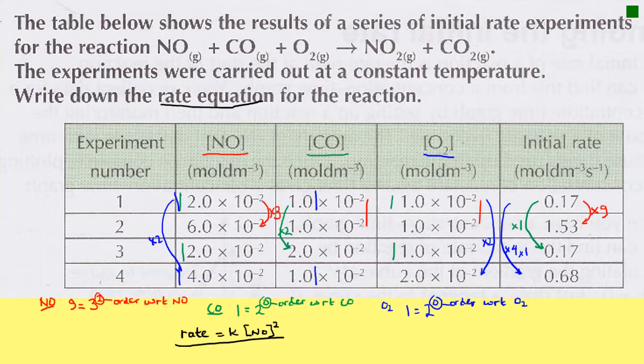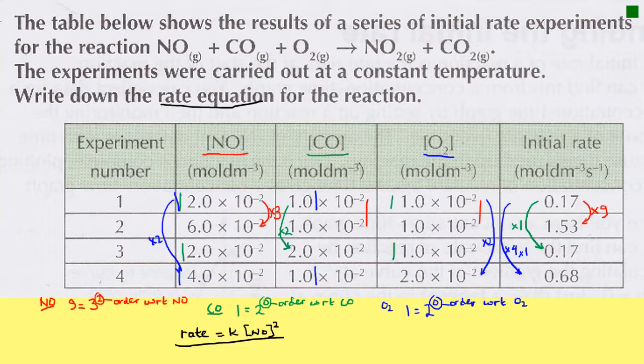If we have a look at experiments 1 and 4, let's draw our line here, you would see that the concentration of carbon monoxide is the same. However, the concentration of nitrogen oxide goes from 2 to 4.